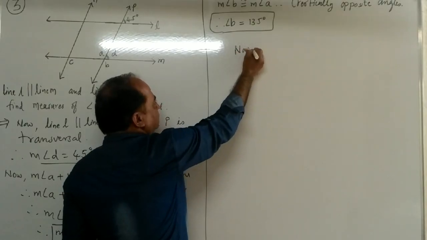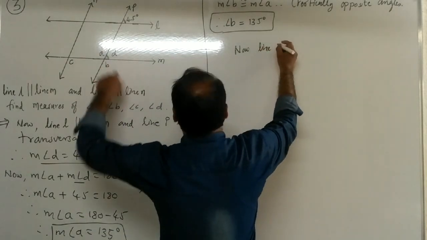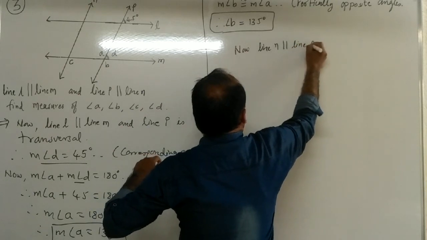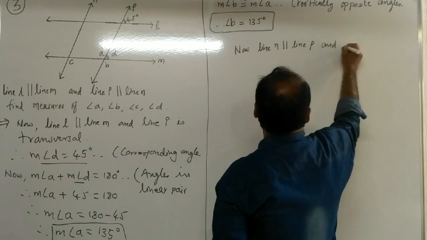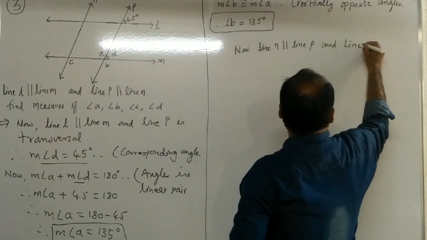Now, line N is parallel to line P, and line M is transversal.